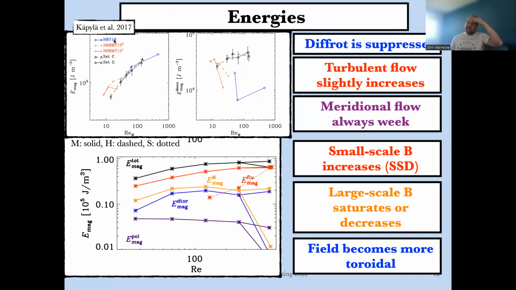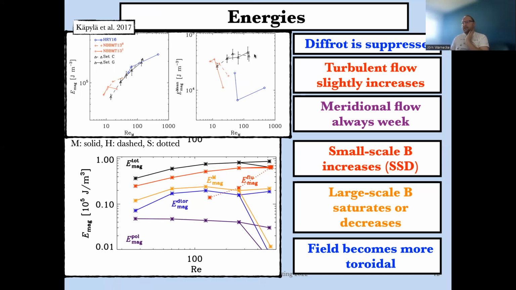The blue one is, for example, the one by Hideyuki Hotta, and the red one is one simulation from Nelson from the ASH code. There you also see that the total magnetic field increases. That's all consistent with what we see here, but the mean magnetic field seems to also saturate, which we see here.